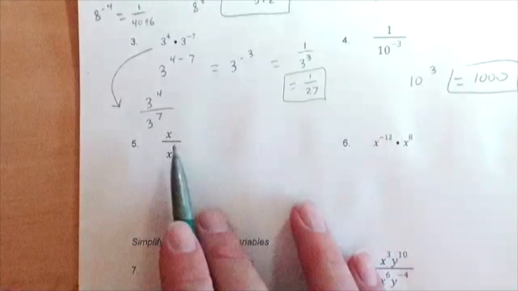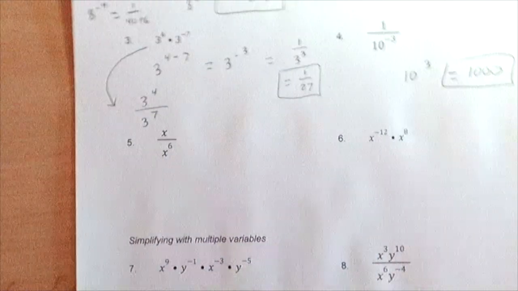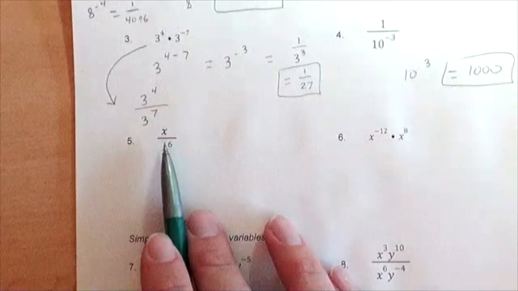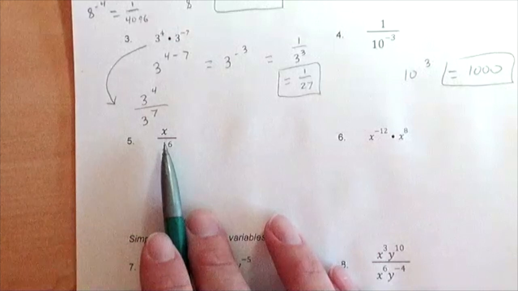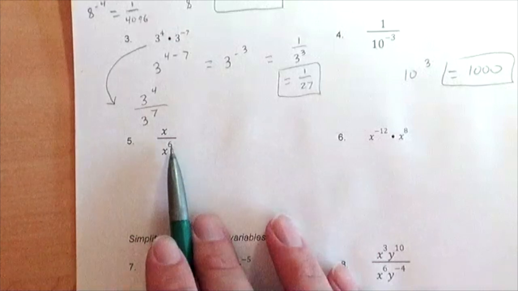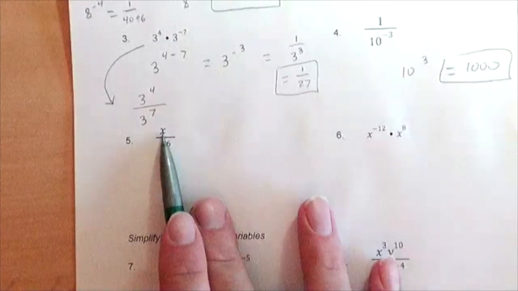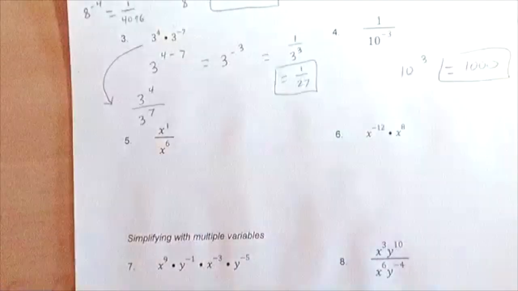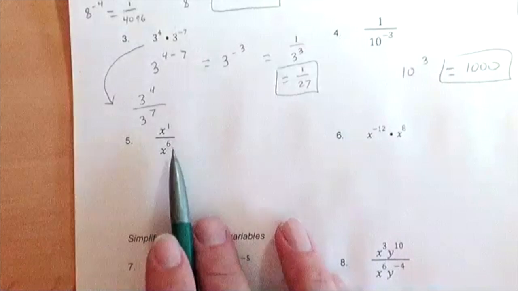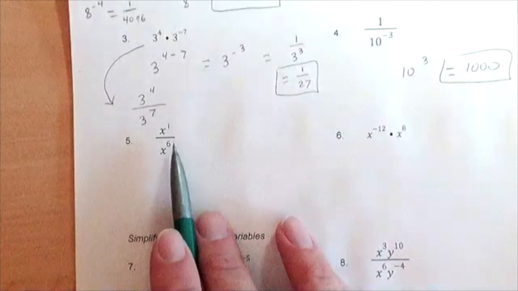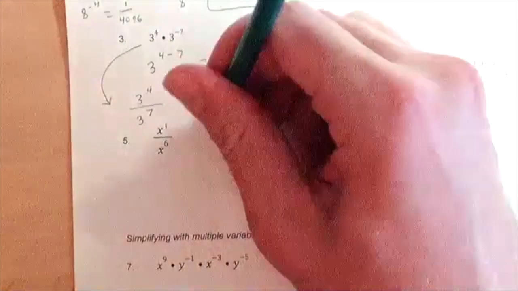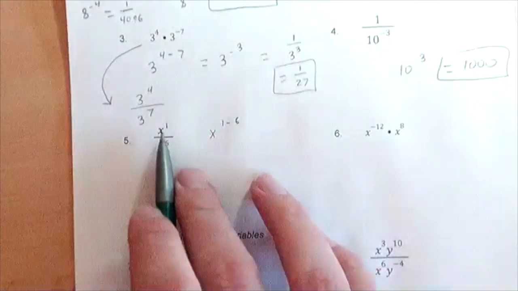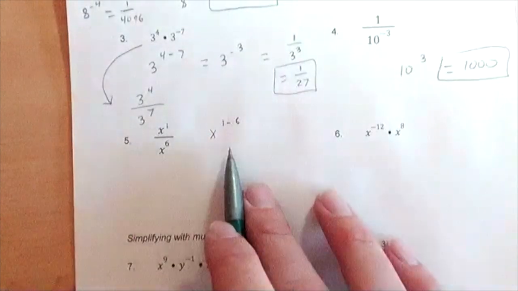Now we're going to do some of these with variables, which I think is honestly easier. First, we have x over x to the 6. And again, there's just a single x on the top. So if it helps you, you can put the implied number 1 there. And there's a few ways to approach this. We know it's x to the 1 minus 6. Just think that there's 1x on the top and 6x's on the bottom.